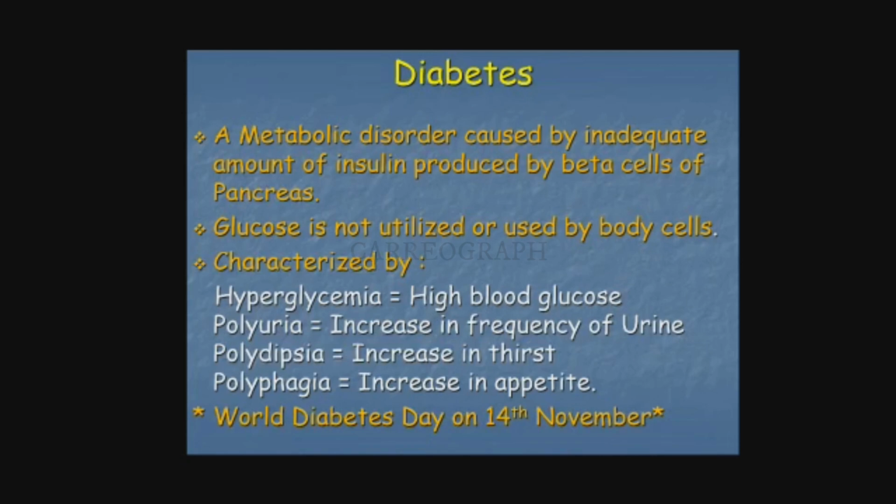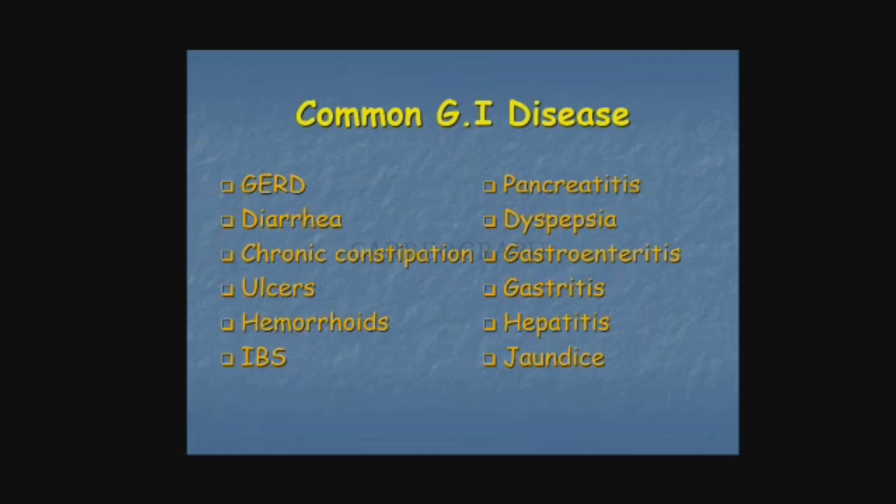So friends, now we will see the common gastrointestinal diseases, and they are GERD. This GERD is gastroesophageal reflux disease. We have diarrhea, which is also a very common GI disease, that is gastrointestinal disease. This diarrhea is frequent passing of soft liquid feces.